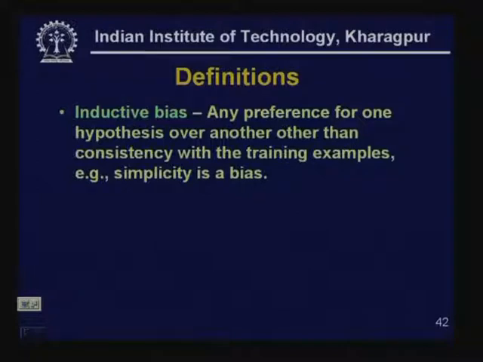Okay. And there are different types of inductive bias which are used by different learners. For example, simplicity could be a bias, or choosing the most general hypothesis could be a bias, or choosing the most specific hypothesis could be a bias. So, among hypotheses which are both consistent, we choose one of them according to some bias that we have.